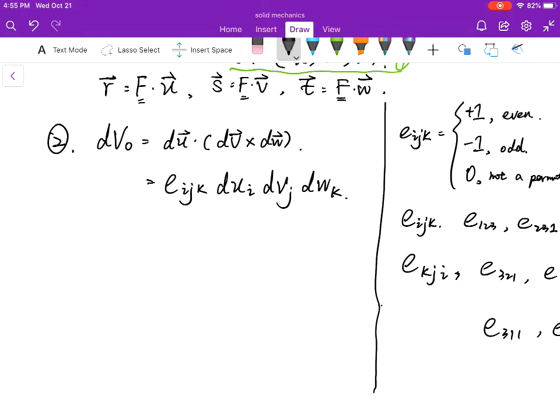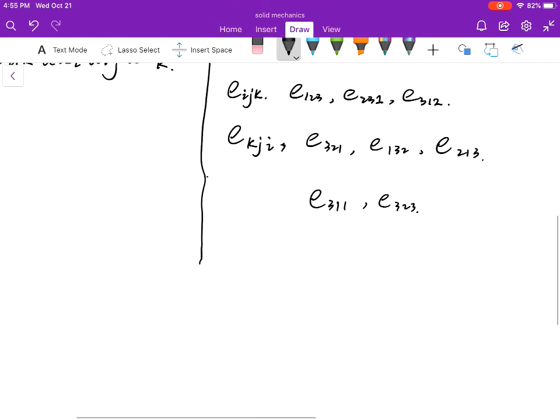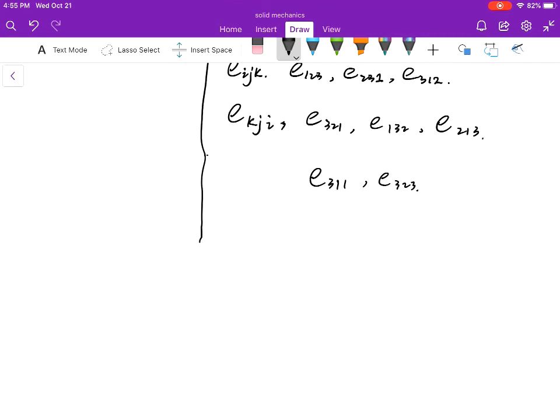That's it. Also, there's another thing I should recall: if we have two vectors, u cross v, what would it become?